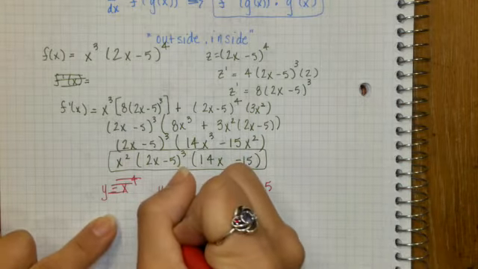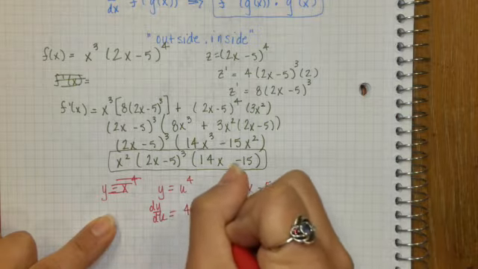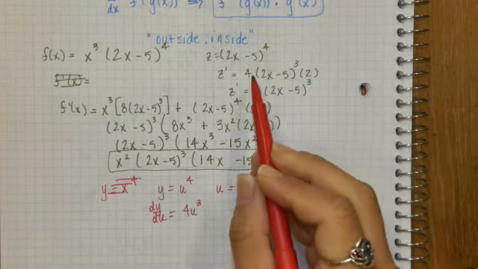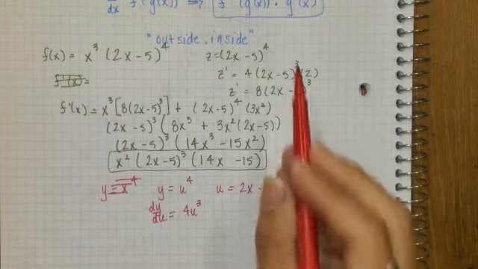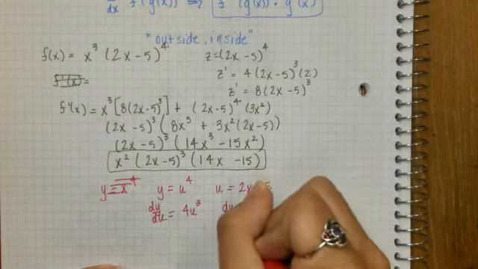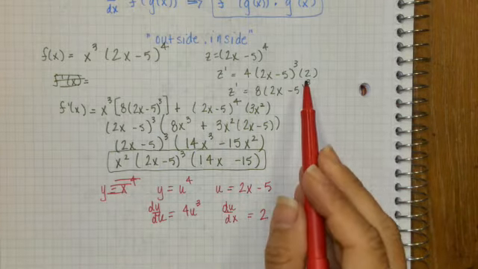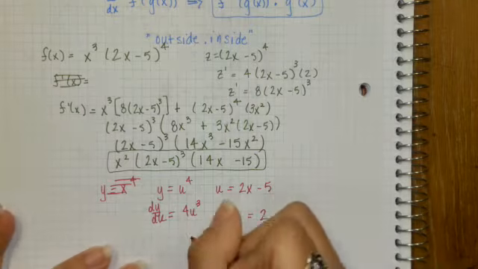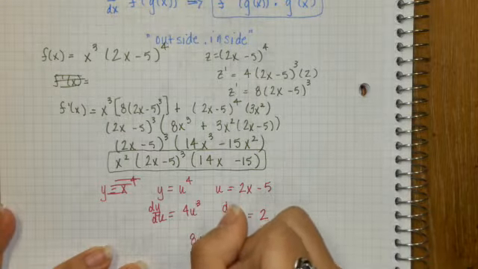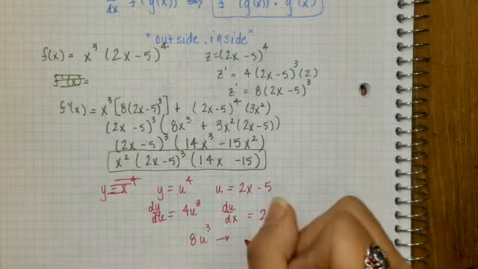So dy du is equal to 4u cubed. Notice that's right here, 4u cubed. Du dx is equal to 2. Notice there's the 2. Multiply them together and you get 8u cubed. But u is 2x minus 5.